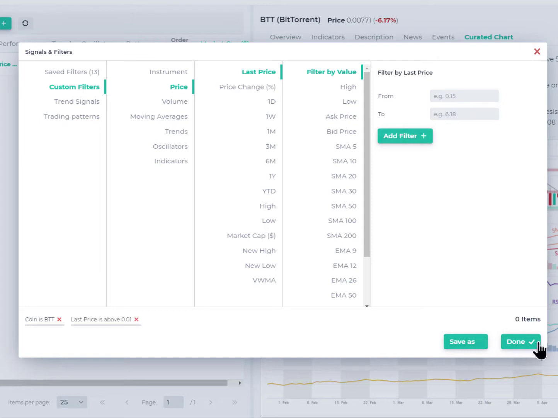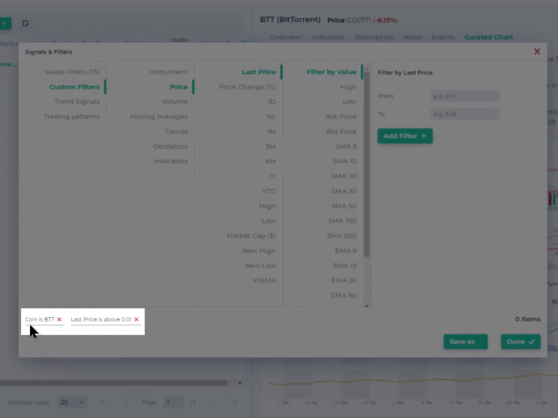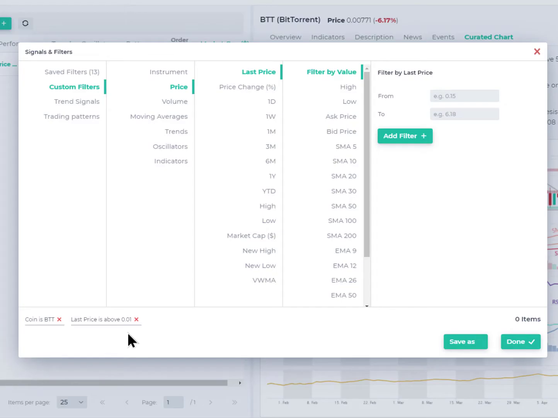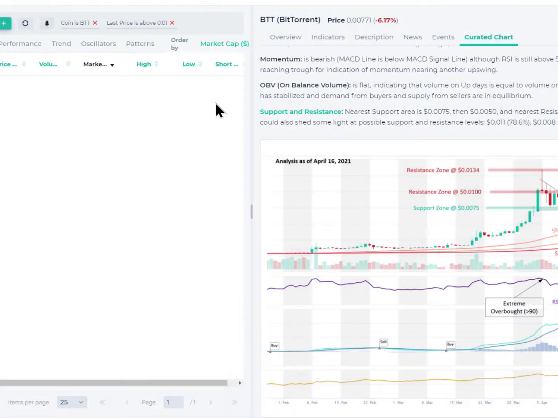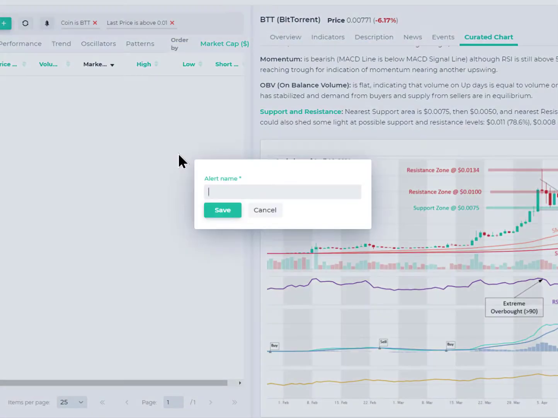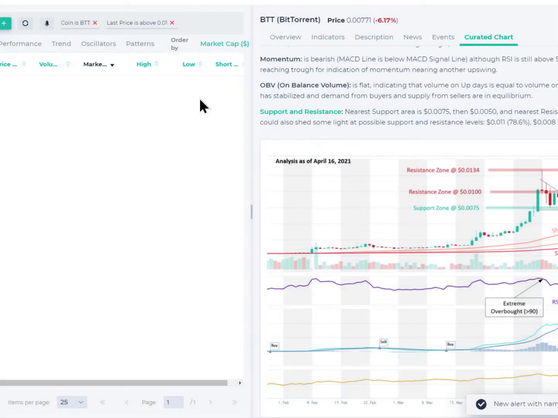I add that to the filter. So now I have a filter that says if the coin is Bittorrent and the price is above 1 cent, done, I want to be alerted. I add that, I give that alert a name, BTT above resistance.